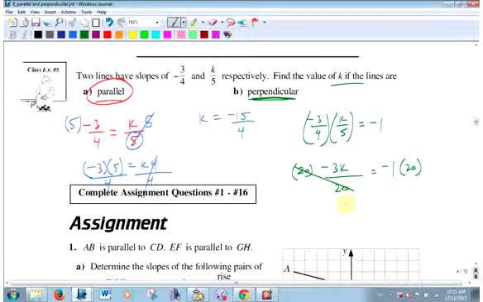It's gone. So then I have minus 3k is minus 20. How do I get rid of the negative 3 now? Divide it away. So k would be negative 20 divided by negative 3, which is positive 20/3. Can't reduce it. Leave it like that.